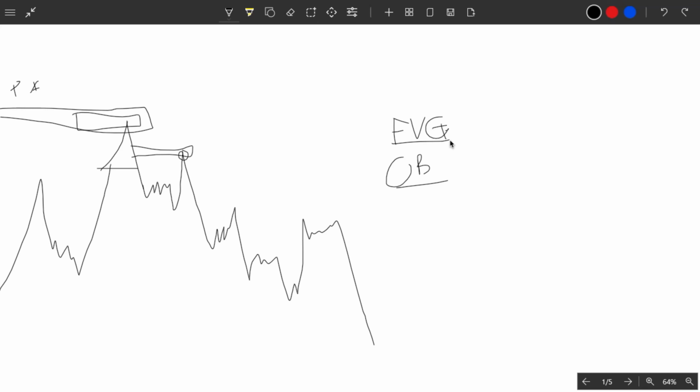points of interest, the two market structures that can be classified as strong enough to hold the market when we are looking to take trades that are counter trend to the current trend, right?